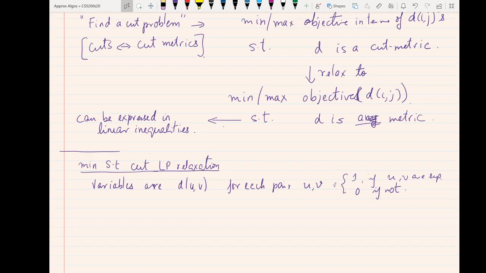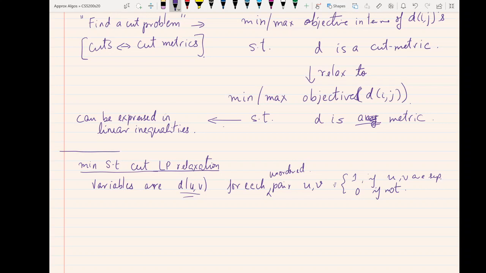So let's go ahead and apply the framework that I've just stated here to formulate an LP relaxation for the min s-t cut problem. So the variables here will be the distance variables between every vertex pair u comma v. These are unordered pairs. Okay, so we'll assume symmetry by default that duv is the same variable as dvu.